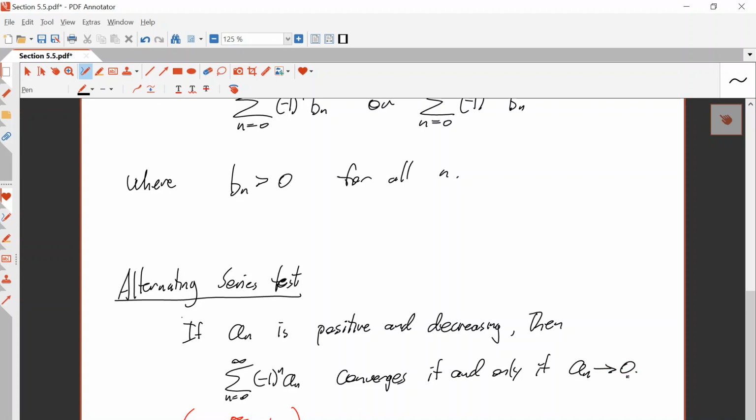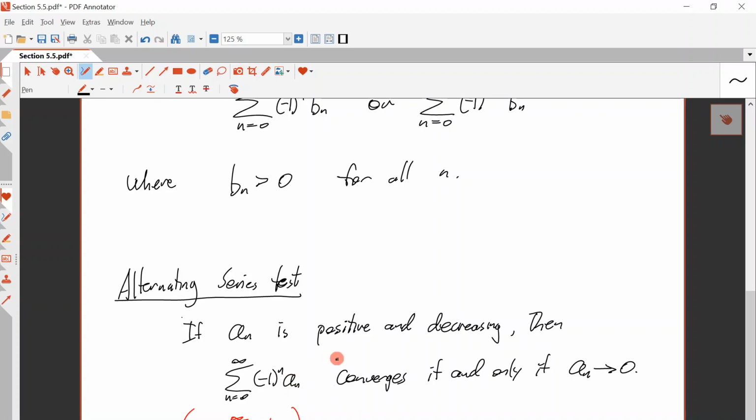That's a striking thing, right? Before, we had the following. If the series converges, then the terms must go to 0. But just because the terms do go to 0, it does not mean the series converges. That changes with alternating series.